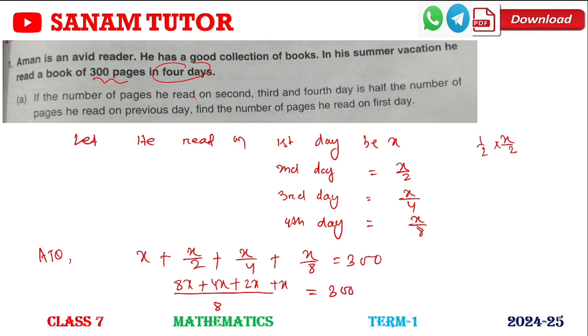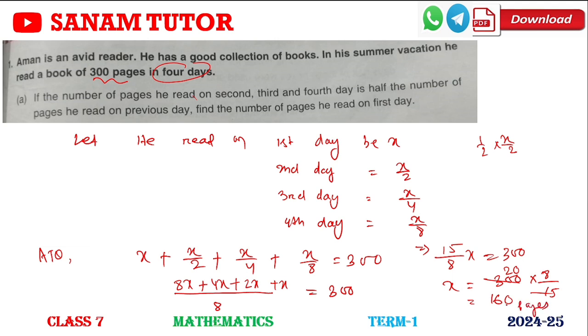So 8 plus 4 plus 2 plus 1 is 15. So 15 by 8 X equals 300. So X is 300 into 8 by 15. 15 twos are 30, so 20, 8 twos are 16, 160. So the number of pages he read on the first day is 160 pages. Any issue? Any doubt?